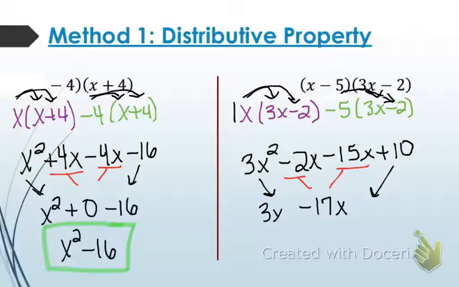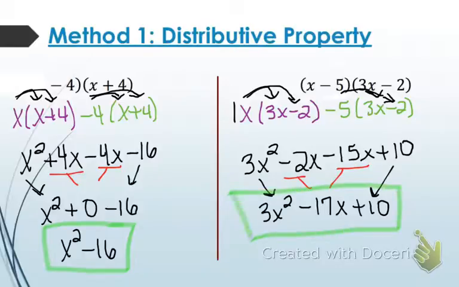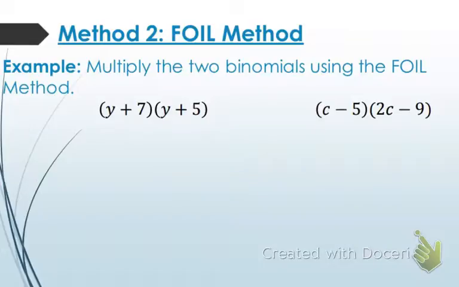So that is 3x squared and plus 10. So our final answer is this trinomial that we have here. Now, there is a way for you to check if you're doing this correct, and that involves using the calculator. Okay, so you'll be learning some of that in class.